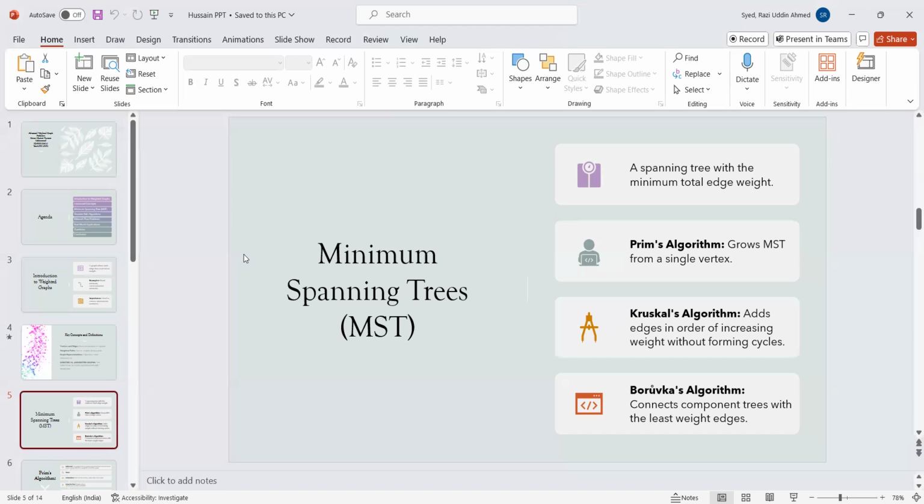Kruskal's algorithm is a greedy algorithm that adds edges in increasing order of weight while avoiding cycles. The steps are initialization, sort edges, build MST, termination, properties, and an example. Initialization: start with all vertices as separate components. Sort edges: list all edges by weight from lowest to highest.